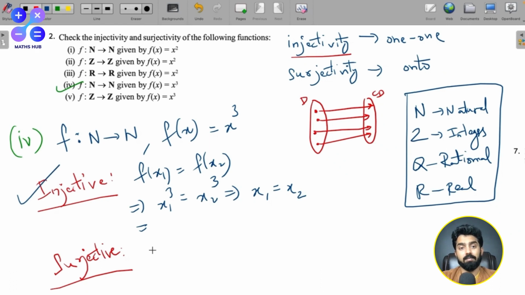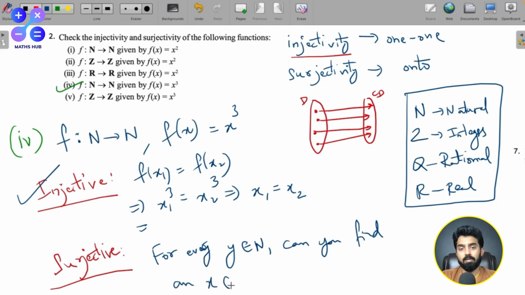Is it surjective? For every y that belongs to N, can you find an x which belongs to N such that y equals x cube? For every y, can you find an x such that y equals x cube?